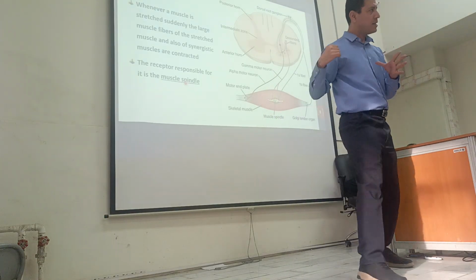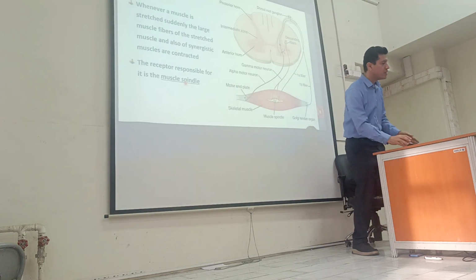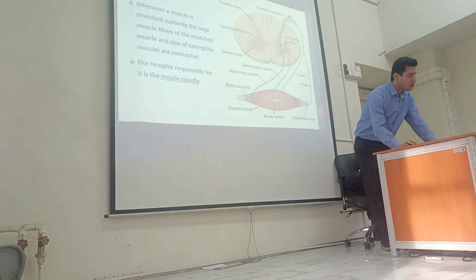So now let's see the connections, the neural connection. So we have large muscle fibers, the red ones here. Between them we have a spindle. Inside the spindle we have smaller fibers, right? So they work as a receptor. So we have sensory innervation of the muscle spindle.